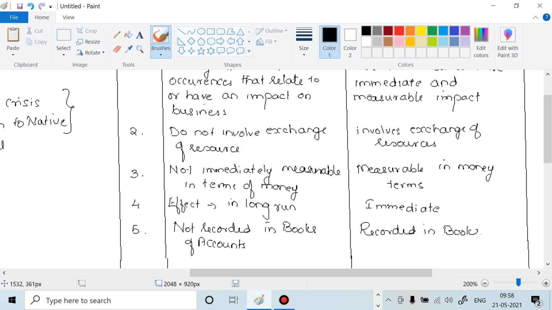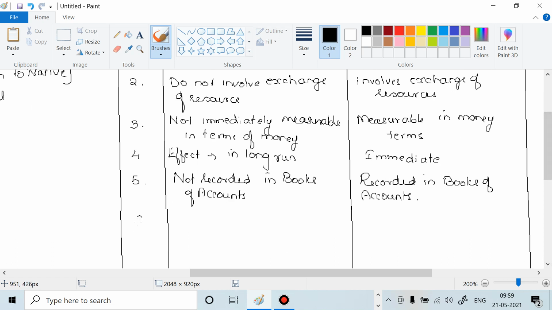Like all the transactions that we have referred to here, like the purchases, the sales that take place on an everyday basis, the rent being paid per month, salary being paid per month, the amount spent on interiors, all these are going to get recorded in the books of accounts. You'll be passing entries for those.